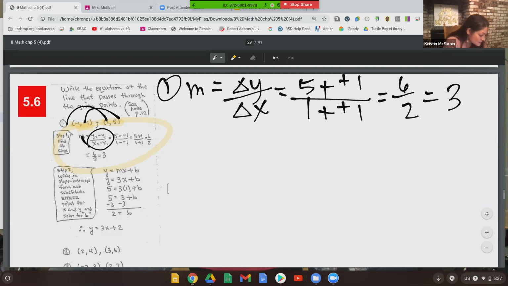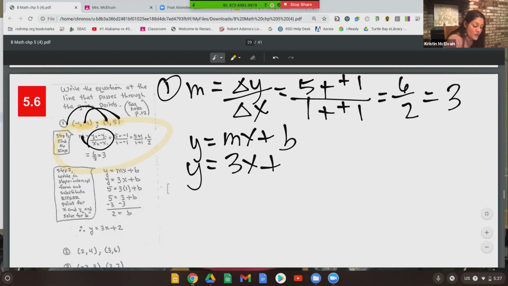Okay, so let's put it into slope-intercept form. Now we have y equals mx plus b. So we know what our m is. And we're going to plug in one of our xy coordinates because what we don't know is b. For this one, they used 1, 5.